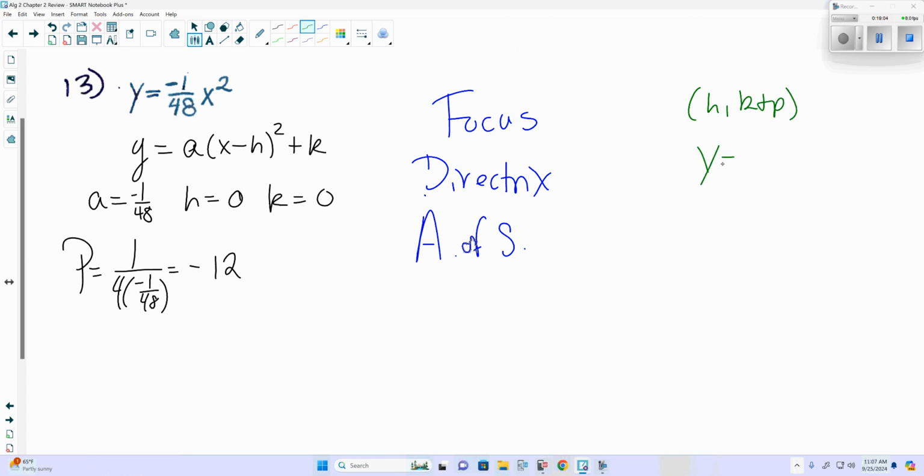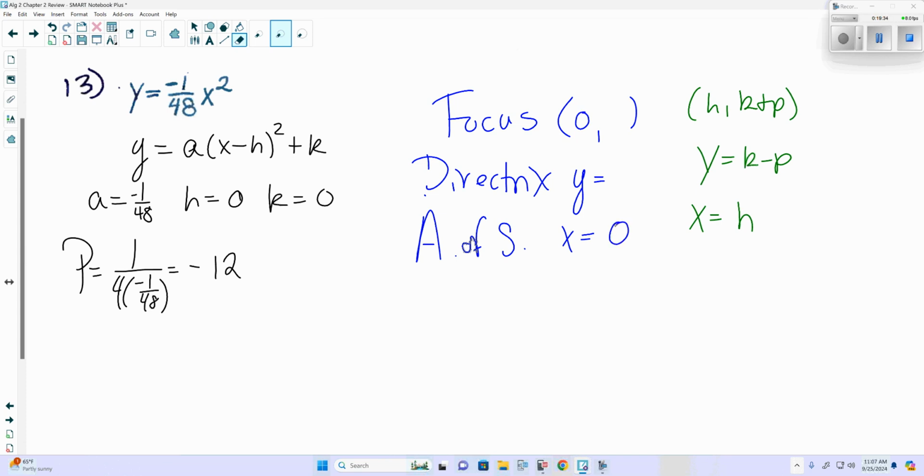Directrix, y equals k minus p. Axis of symmetry, x is equal to h. And even though we haven't done our equation for anything, even if I didn't find h and k yet, I can still get the x equals, y equals just based off the equation. With h and k, focus would be 0 comma whatever k plus p is. Axis of symmetry, x equals h, so x equals 0.